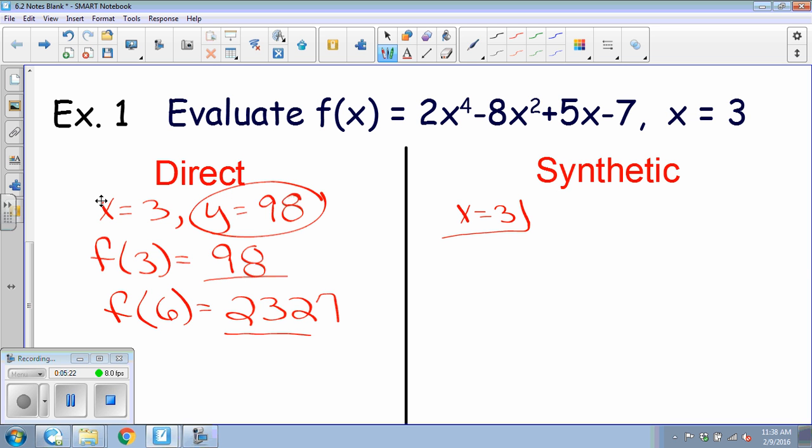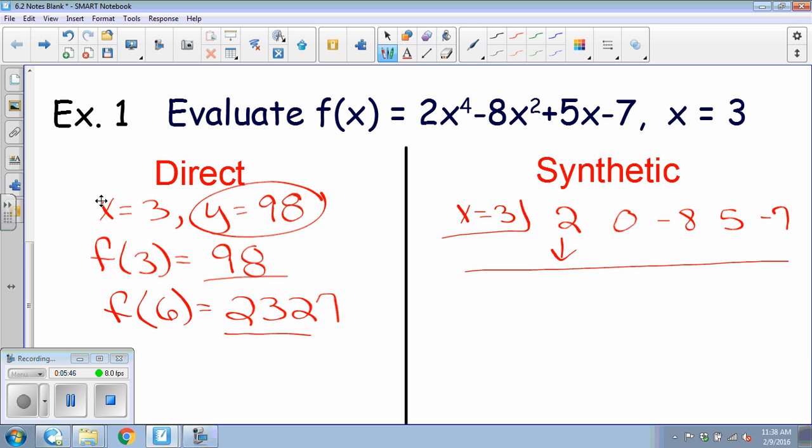And remember, our remainder is going to be our answer. So we put in our coefficients. What are they? 2, what? Plus 0. Because there's no third term. Then -8. Then 5. Then -7.